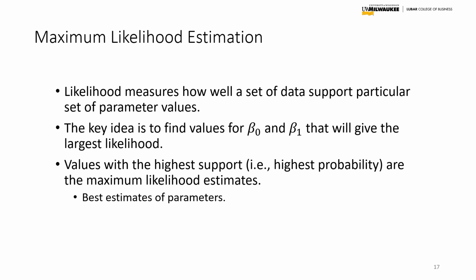Likelihood measures how well a set of data support a particular set of parameters. The key idea in maximum likelihood estimation is to find the values for beta 0 and beta 1 that give the largest likelihood. The values with the highest support, highest probability of giving rise to the data that we observe, are called maximum likelihood estimates. These serve as our best estimates of the parameters.